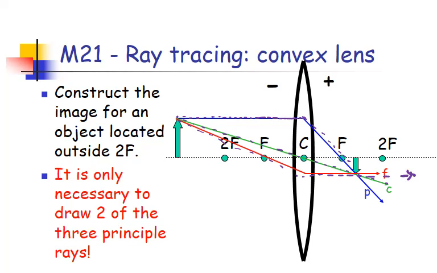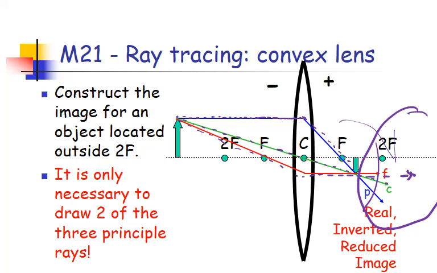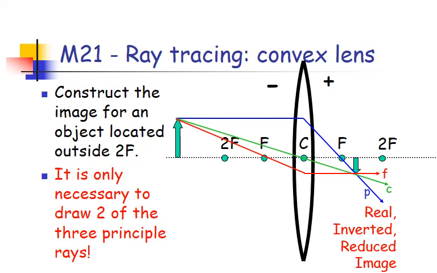So let's say we're over here, looking at, this is our eyeball. We're looking at the object. It would look like this, and it would be real, inverted, and reduced. And that's what it would look like on the other side of this lens. That's what that lens is doing to it.